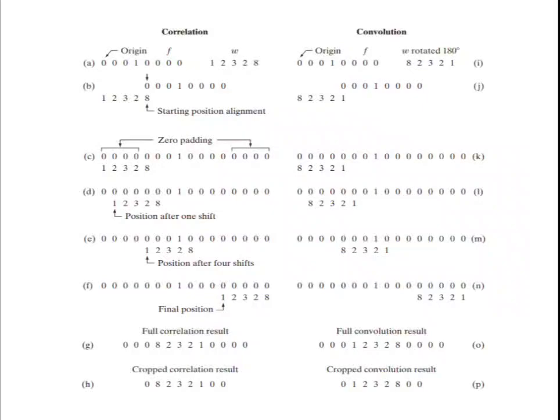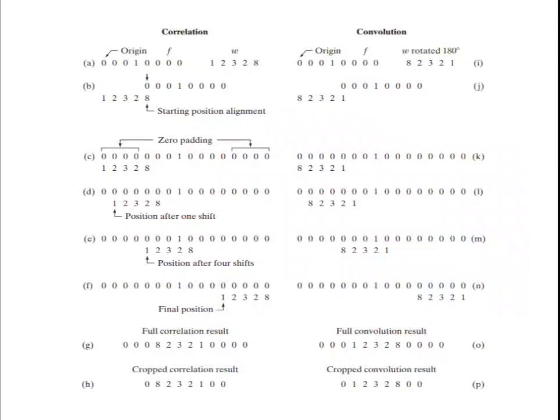The first value of the correlation is the sum of the products of f and w for the initial position shown in figure C. The sum of the products is 0. This corresponds to a displacement of x equal to 0. To obtain the second value of the correlation, we shift w one pixel location to the right, that is a displacement of x equal to 1, and compute the sum of products.